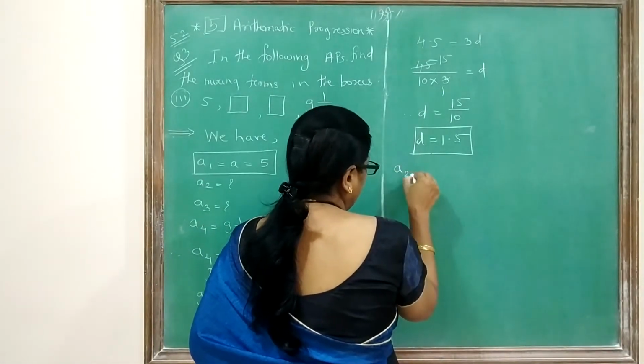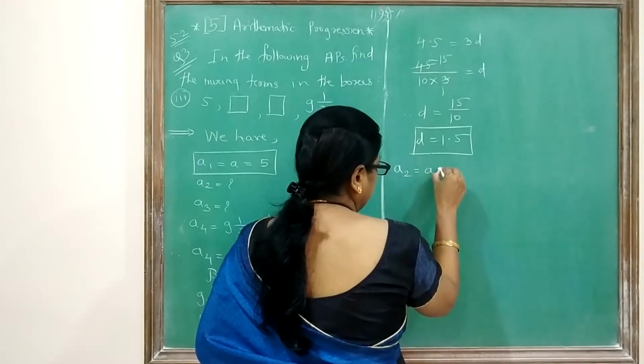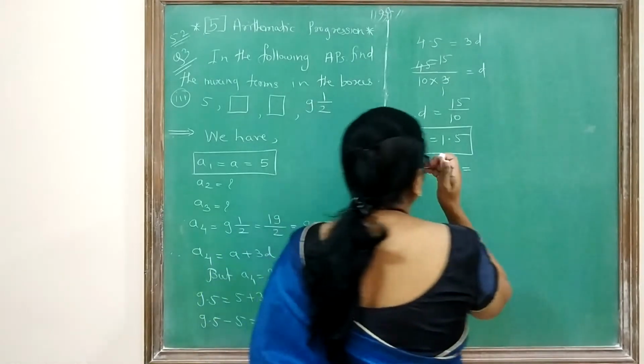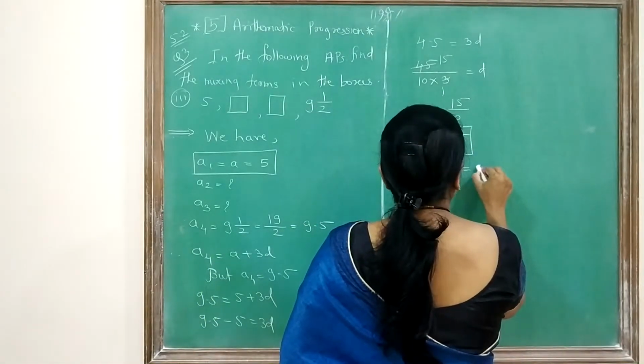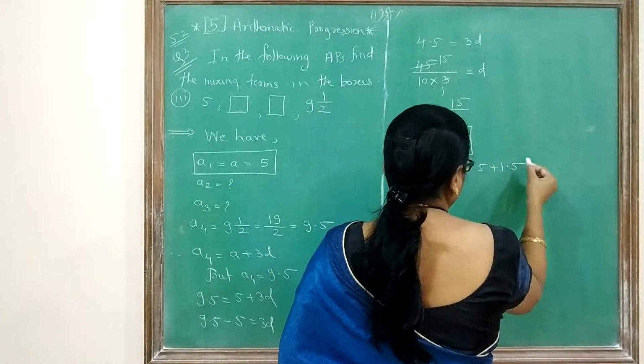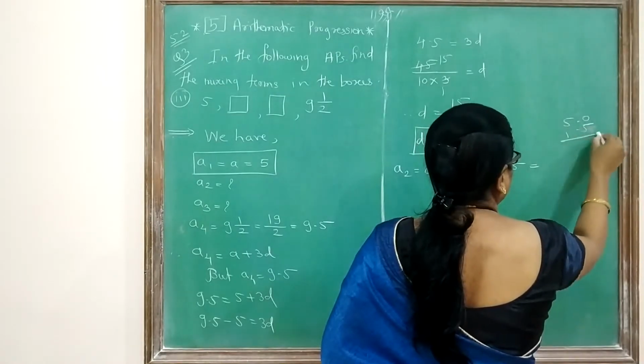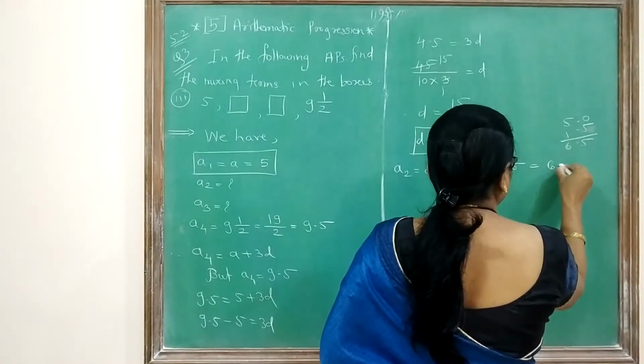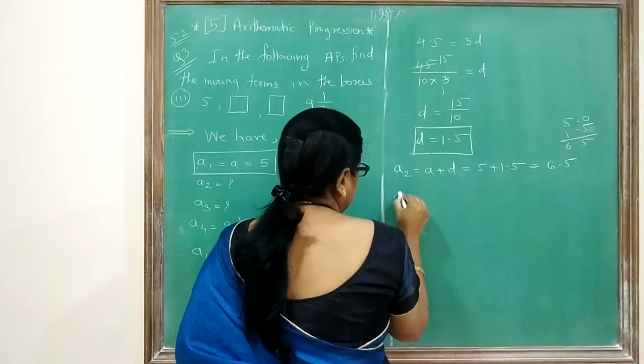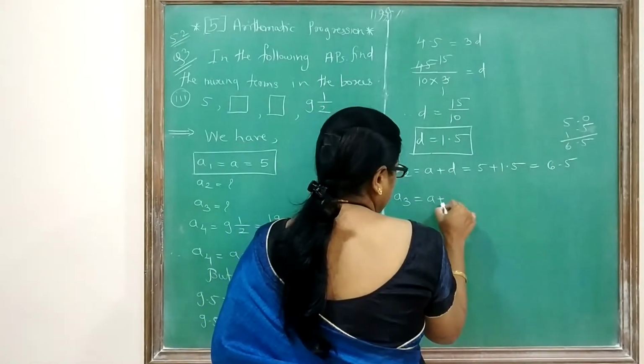Then what is the A2 value? A2 formula, A plus D. Then put A and D values, that is 5 plus 1.5, which is 6.5. Means your answer is 6.5. A3 is what? A plus 2D.